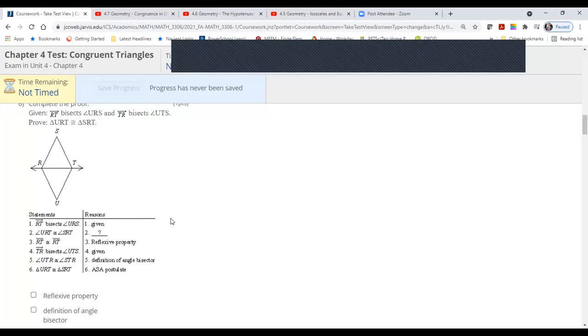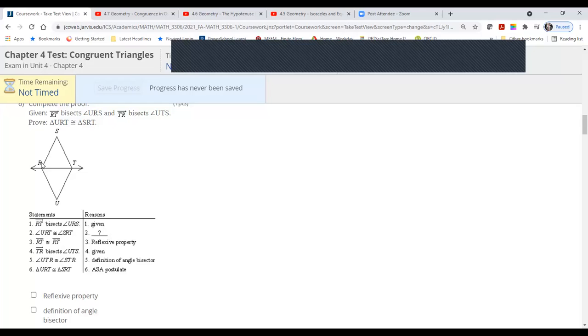This is really an easy question because there is only one step missing here. So angle URT equals angle SRT.